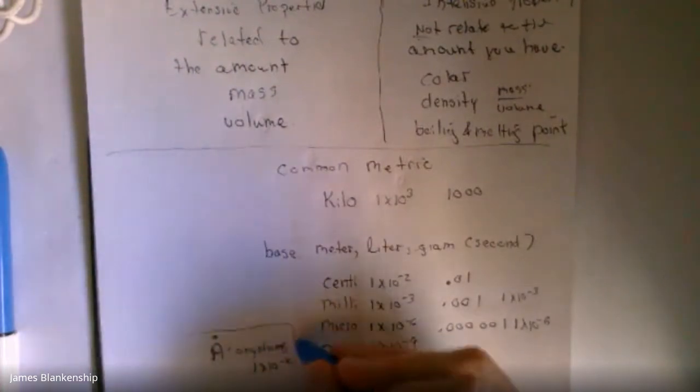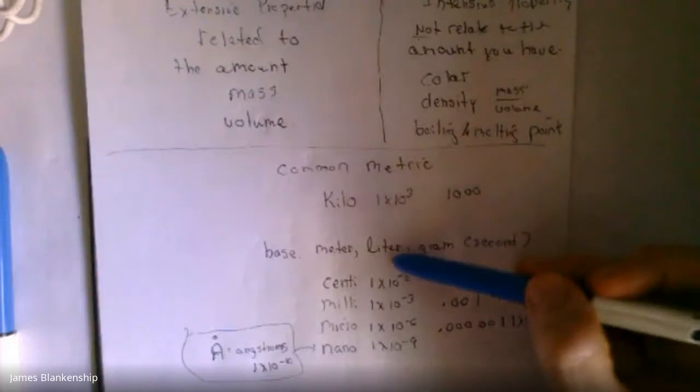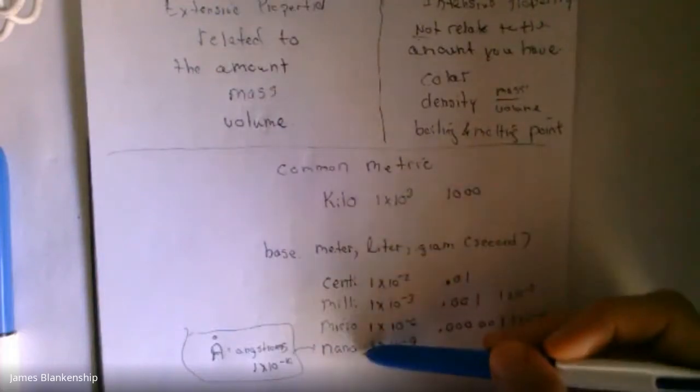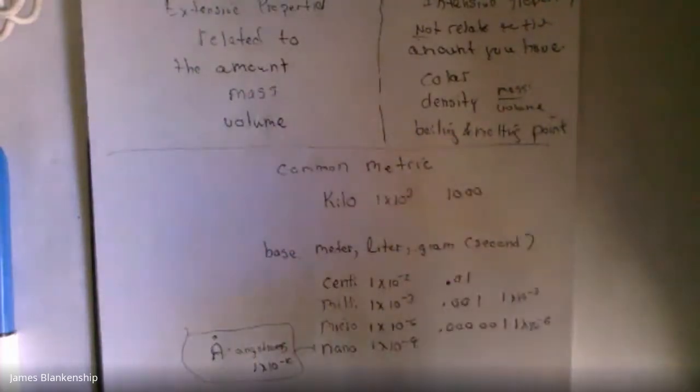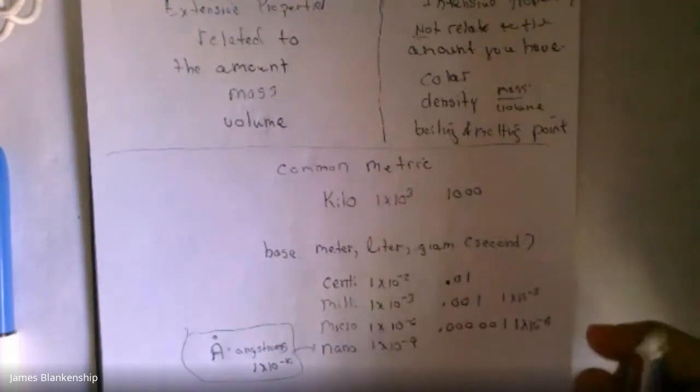This is not a metric unit. I'm just giving you that as something that is vaguely related to nanometers. But these are the most important prefixes to understand. The list of all the prefixes will be on that sheet that I provided.